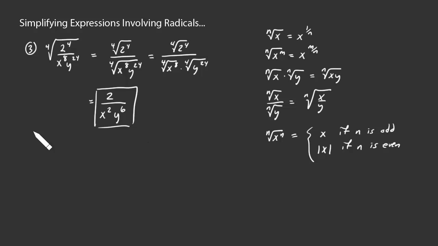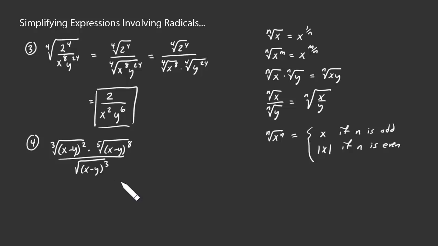All right, how about another example here? How about the cube root of the quantity x minus y squared times the fifth root of the quantity x minus y to the 8th, all of that over the square root, remember we don't have to write the 2, of the quantity x minus y to the third.